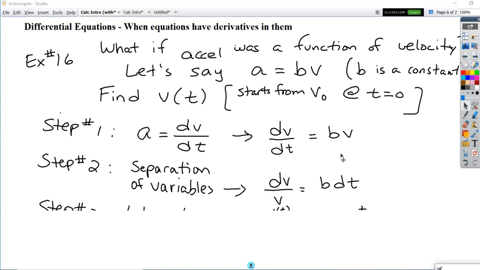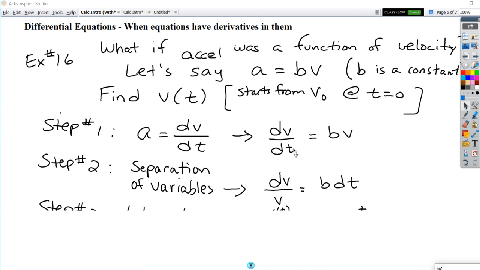So I'm going to leave it on that side, but the v has to go on the same side with the dv, and the dt needs to come up top. So I bring dt up, I divide both sides by v. So I get dv over v equals b dt.